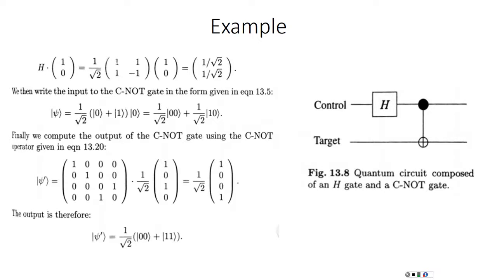And then we multiply again the 0 state here to these 2, which gives us this state. And then we can apply our CNOT gate, which I showed in the previous slide, to this state, which is right here. And then we can get a flip of this state. So this is our outcome.